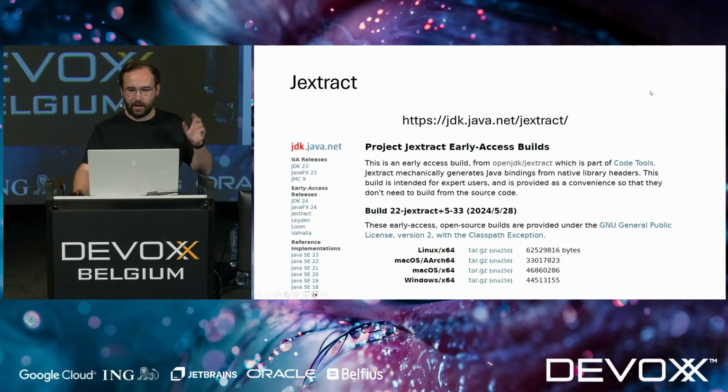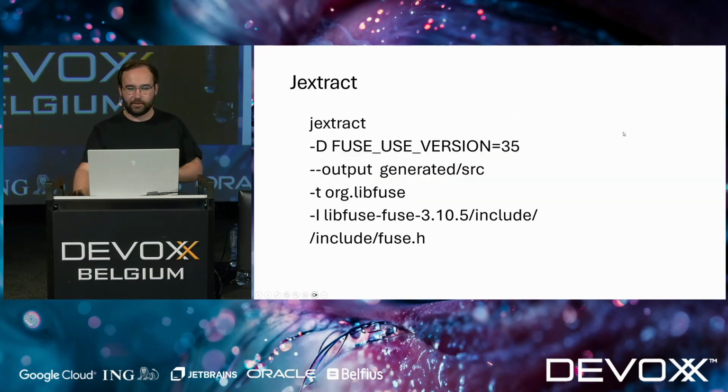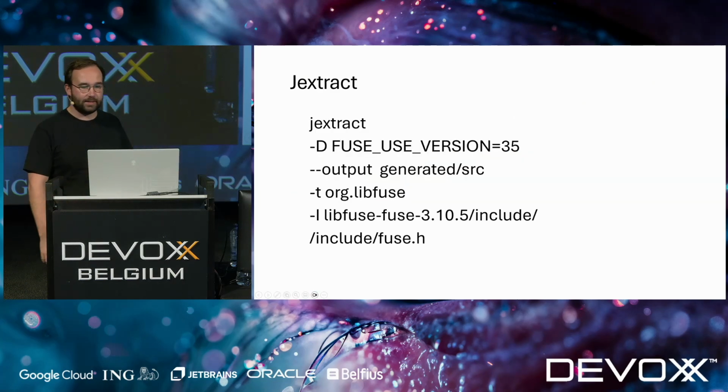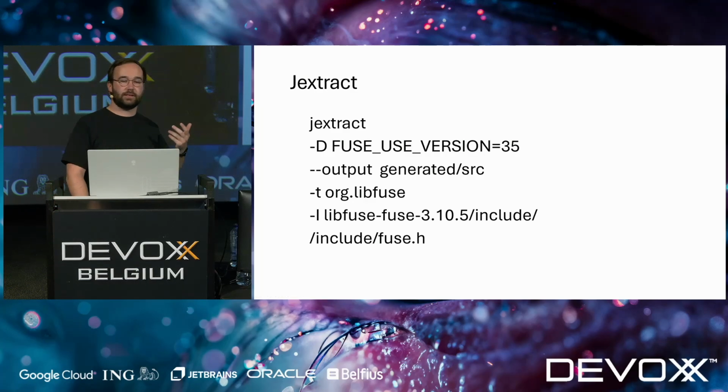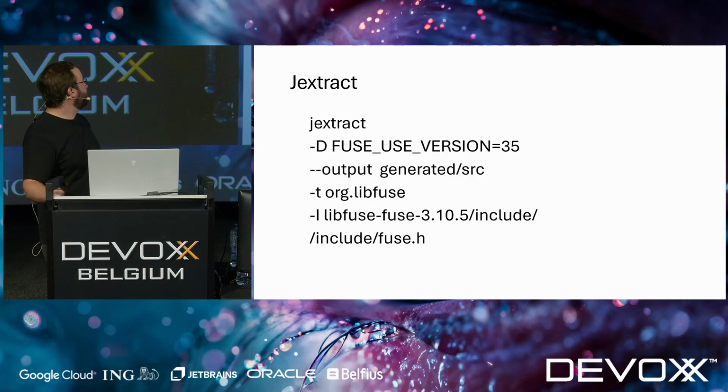I already did this for this Fuse library, and that command looked a bit like this. I'm going to use the Jextract binary. I'm going to pass it -D for the macro, because to use it I had to set this Fuse macro, which is called FUSE_USE_VERSION, set to 35.